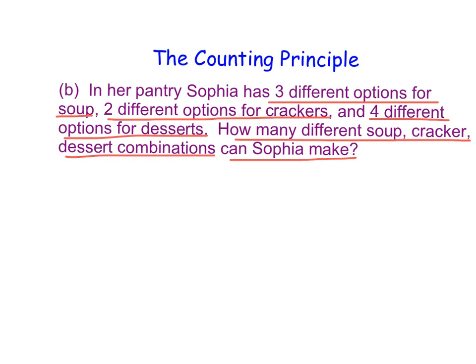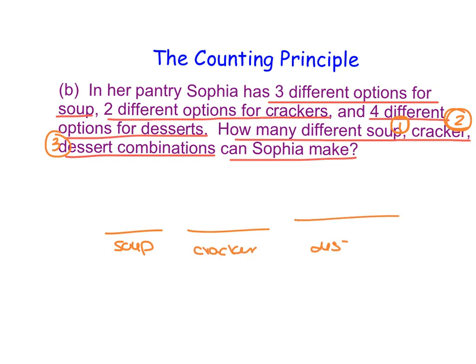So if I'm looking through here, what I'm noticing is I have 3 different events or 3 different option sets. I have soup, cracker, and dessert. And I want to figure out how many different combinations I can have.